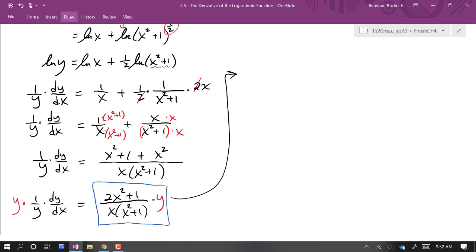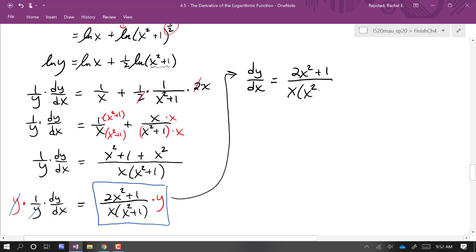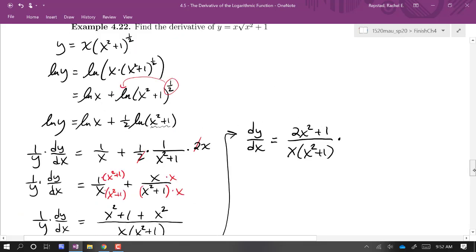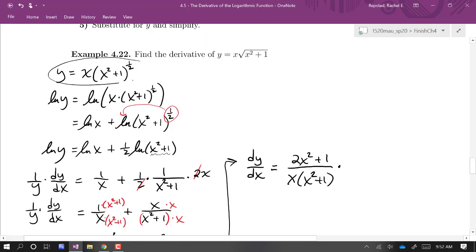On the left side, definitely, the y's cancel, so I just have dy dx. On the right side, I've got 2x squared plus 1 over x times x squared plus 1. And then instead of saying times y, I'm going to replace y with the function that I know it's equal to up here.